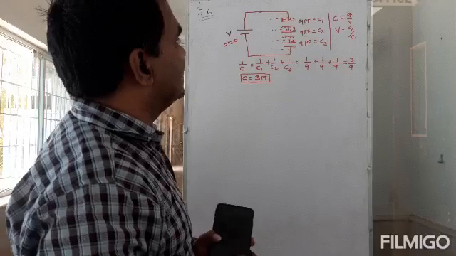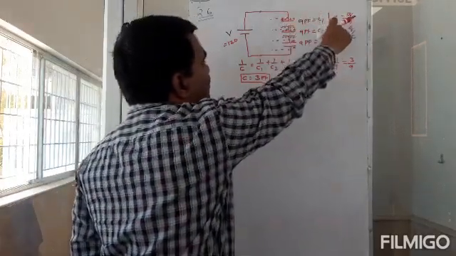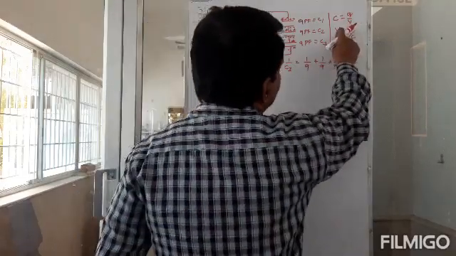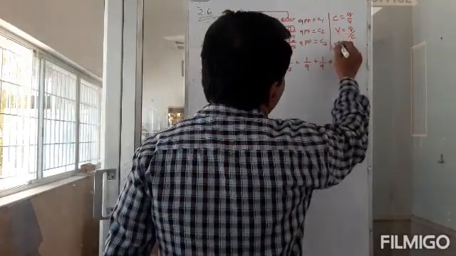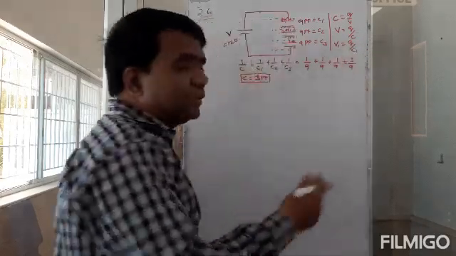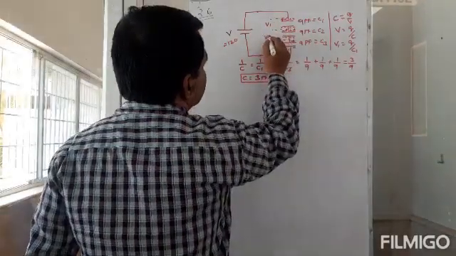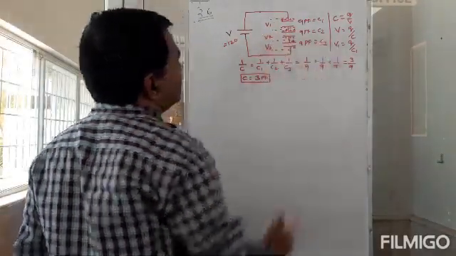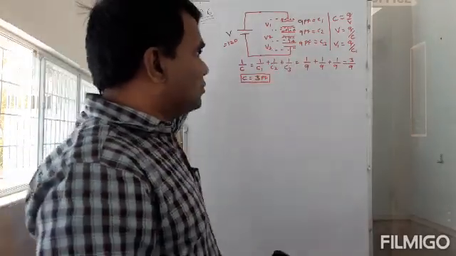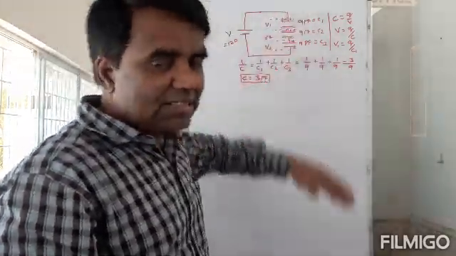So V1 will be Q by C1, and V2 will be Q by C2, V3 will be Q by C3.